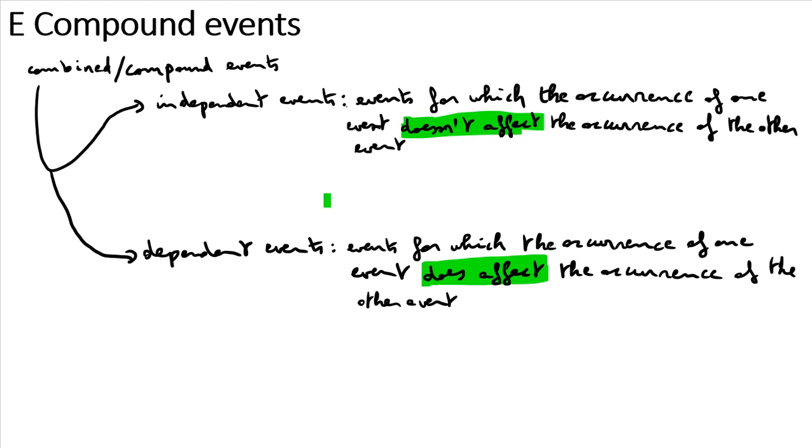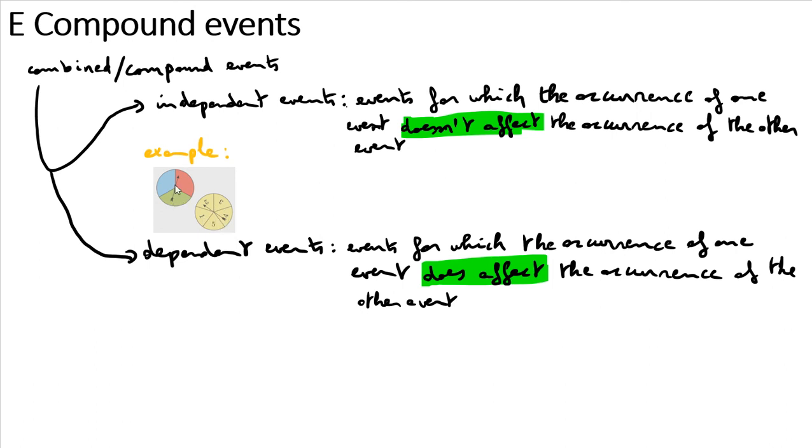Okay, let's check an example. An example of two independent events: for example, two spinners. In the one you have three colors, and in the other one you have numbers from 1 to 5.